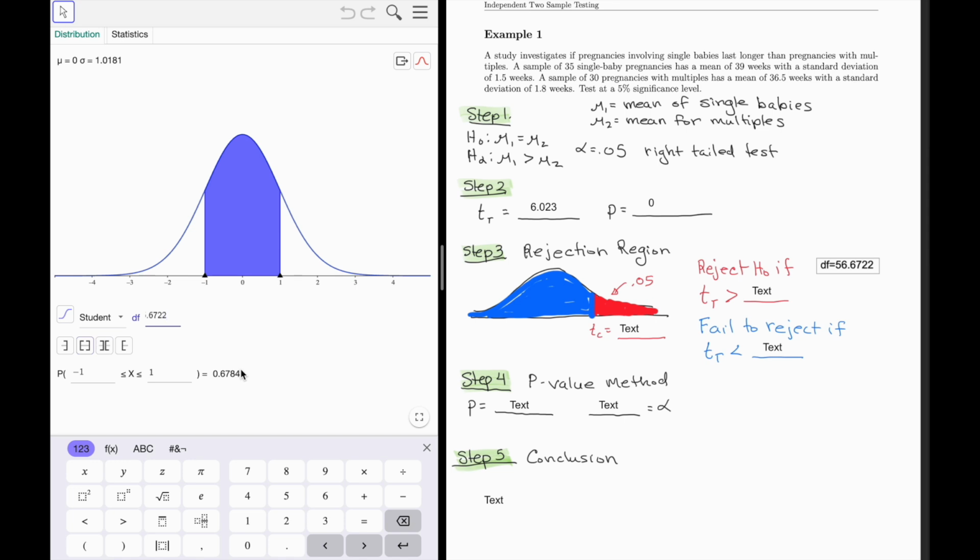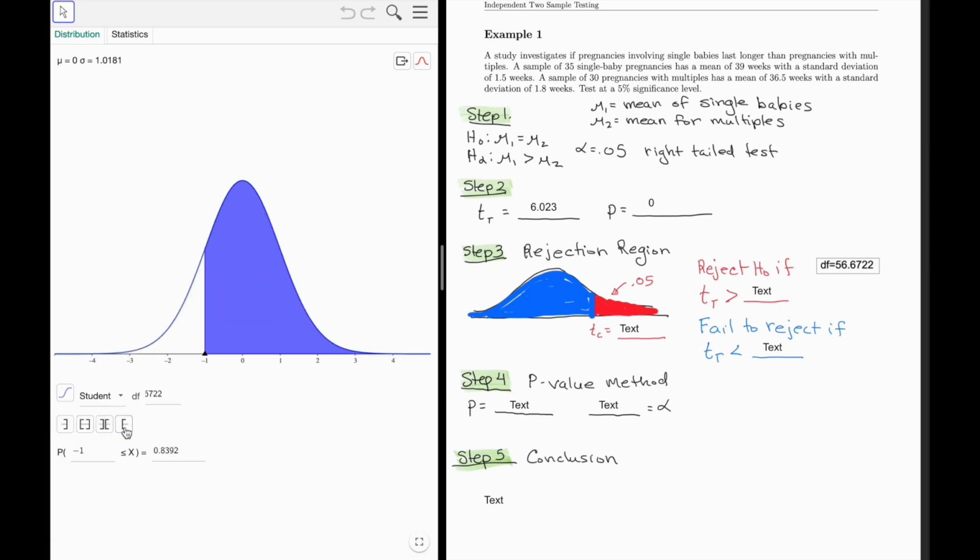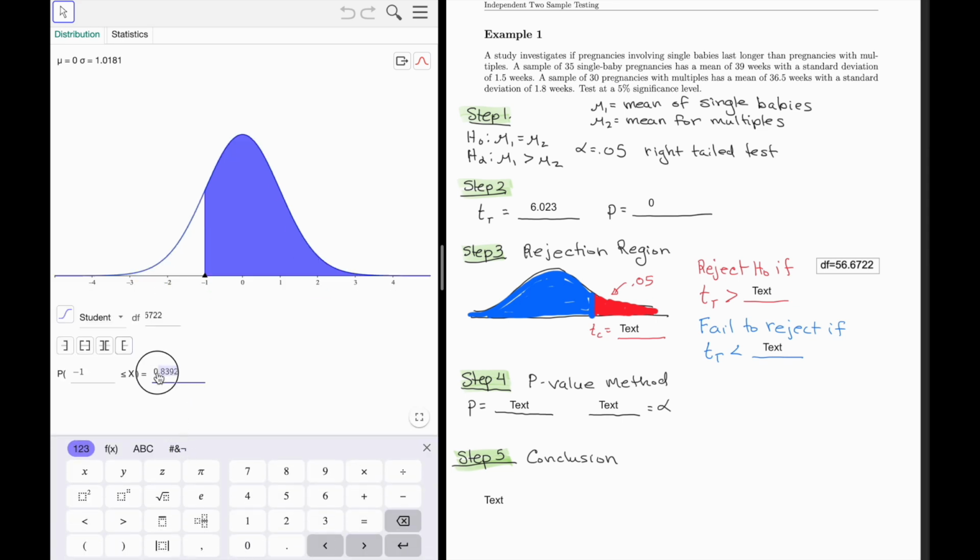Typically, if it's one sample, then all you have to do is subtract 1 from the sample size, but it's a little bit more complicated when you're looking at a 2-sample t-test. All right, now I want to do a right-tailed, so I'm going to choose the right bracket to indicate I want it shaded to the right. And I'm going to put in that I want the area to be 0.05. So I find that my cutoff point for the boundary for the rejection region is 1.6722.